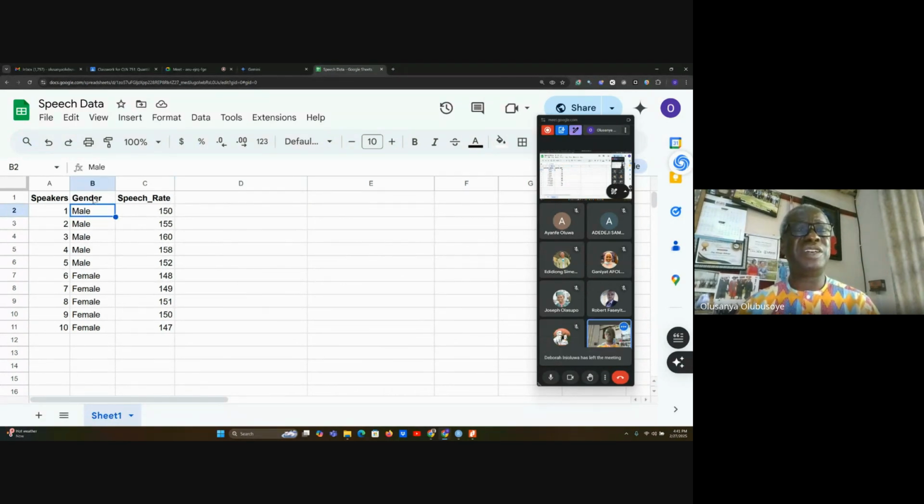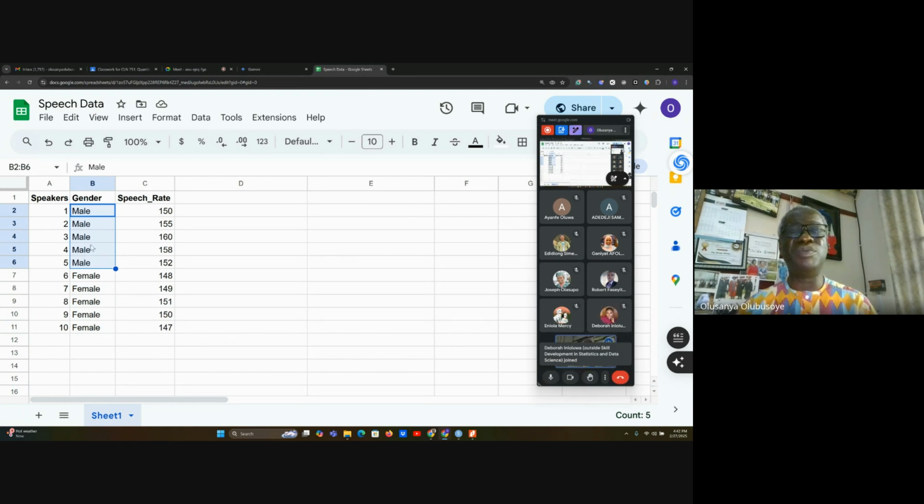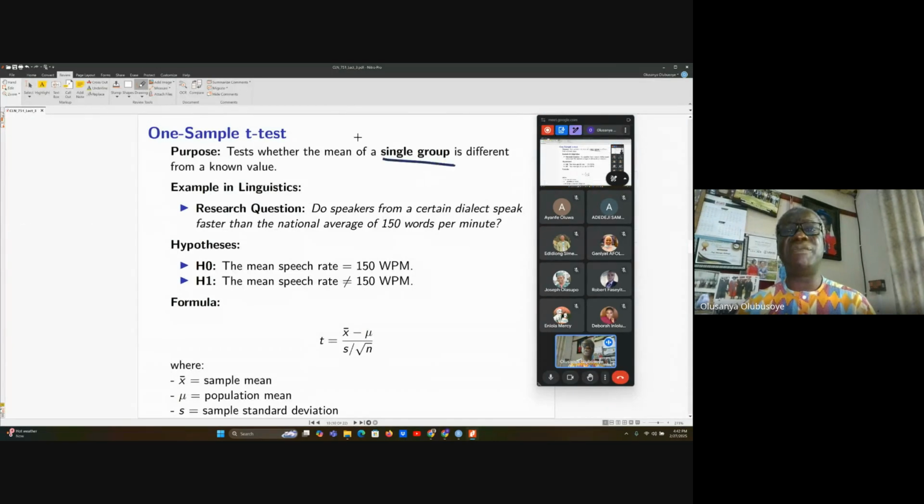Under gender, we have the female group and the male group. If we are testing a hypothesis about only one group, let's say male, or about female only, then we are talking about a single group. What is the research question that we have posed here?